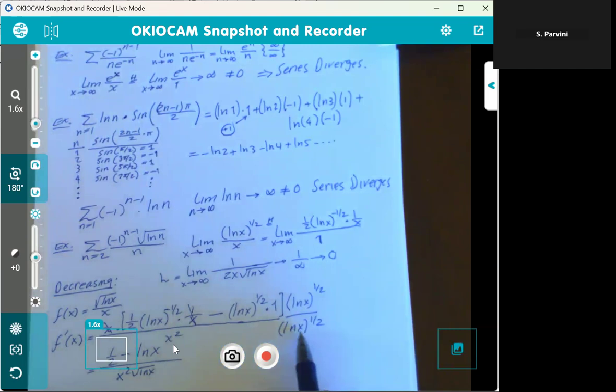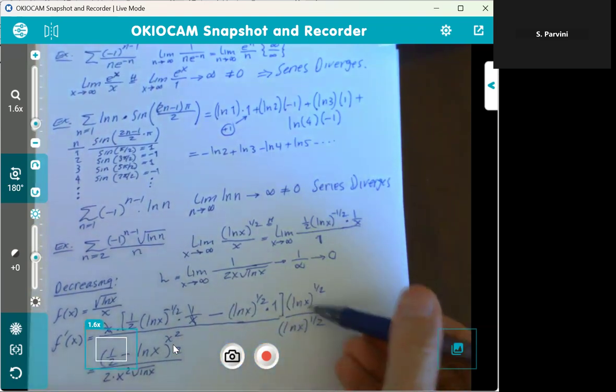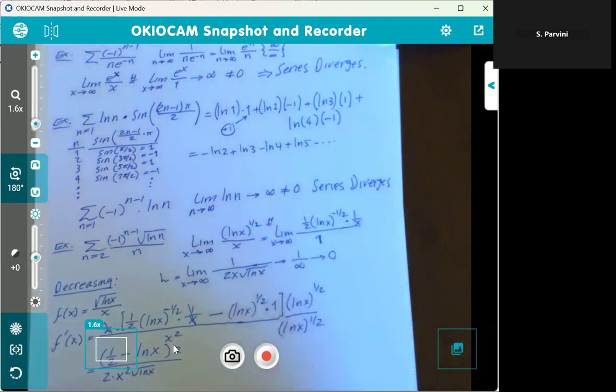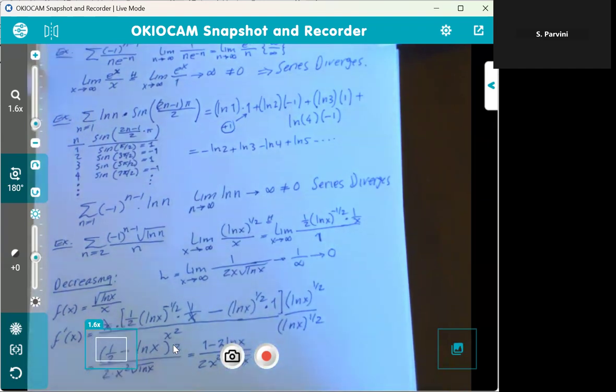Again, that's just ln of x to 1/2. Now let's multiply top and bottom by 2. Could have done it in one step, like up here, multiply by 2 top, 2 bottom also, but that's okay. Do it in this step. 2 times 1/2 is 1 minus 2 natural log of x over the denominator, 2x squared root ln of x. Now, the denominator is clearly positive.